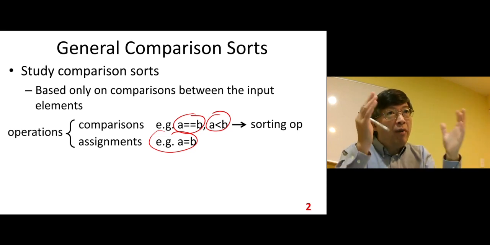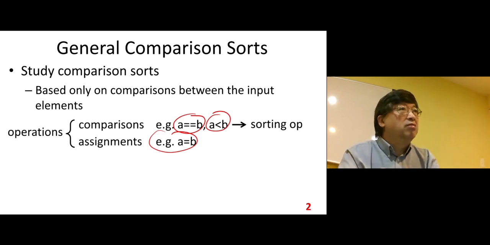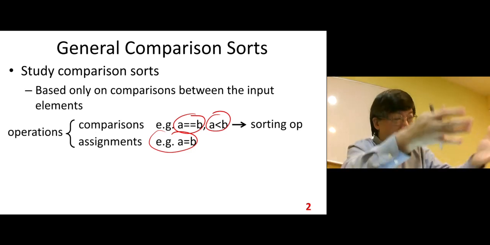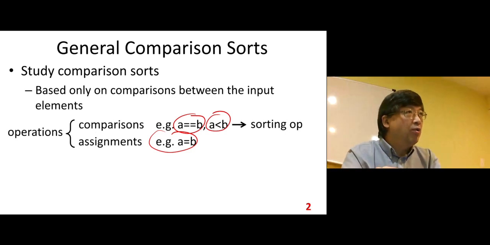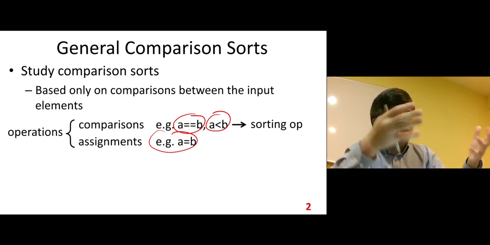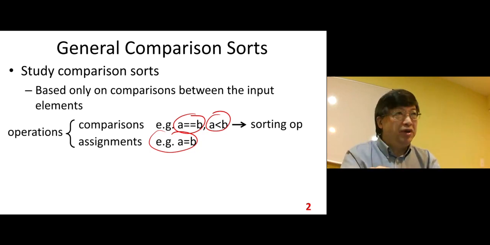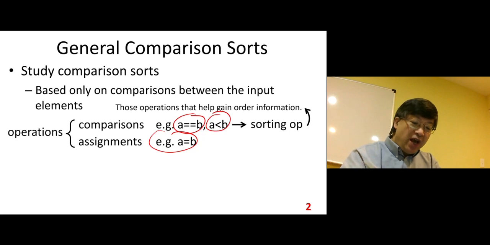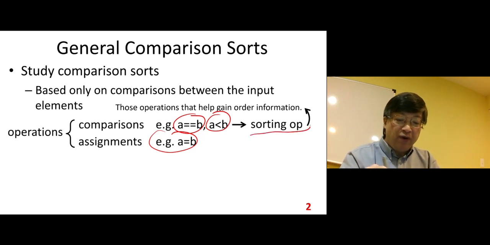So the roles of comparisons and assignments are different in sorting. Assignments play a supporting role. Comparison is the key operation for sorting. So we say those operations that help gain order information are the sorting operations.